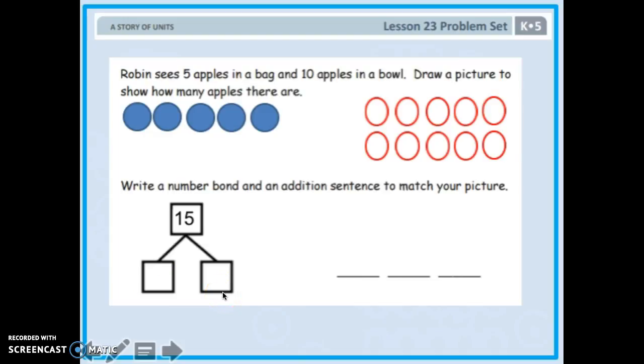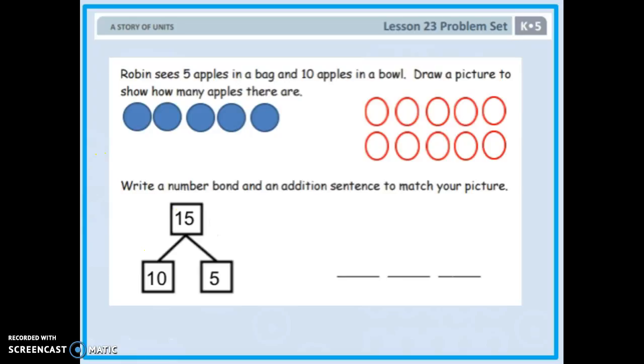Fill in your numbers. Let's see if you have the same ones as me. Now you might have put 5 here and 10 here, but as long as you have a 10 and a 5 somewhere here, you're good.